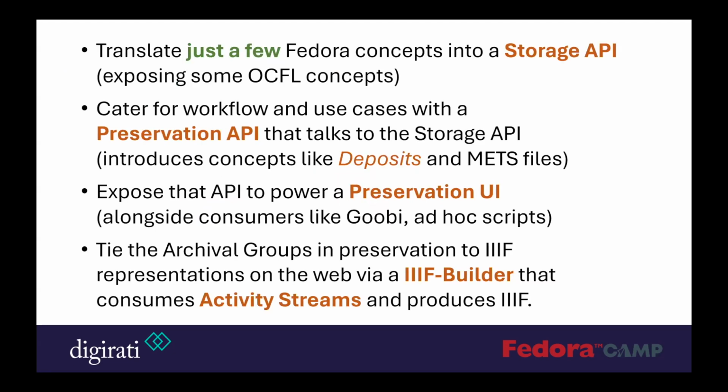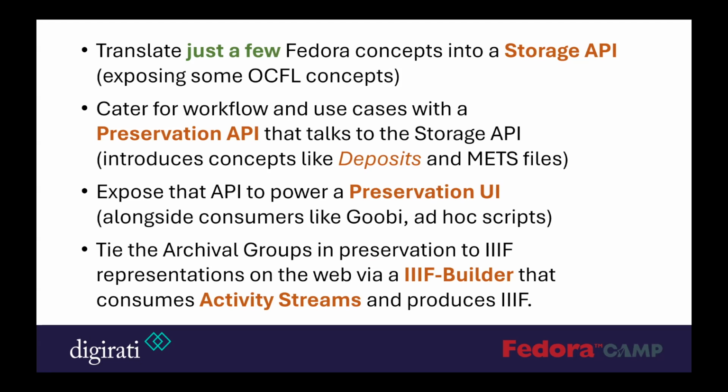So just to summarize the whole thing in a few words, we built some things around Fedora because we're not going to just use Fedora naked as the system that other systems can write and store stuff to. We developed a storage API which just exposes a few Fedora concepts, but in a simplified way for other things to build on, but also surfaces some of the OCFL-ness a bit more.